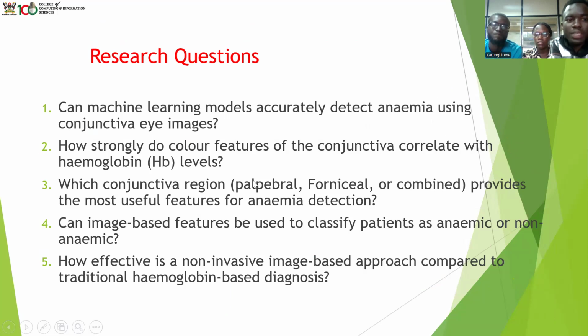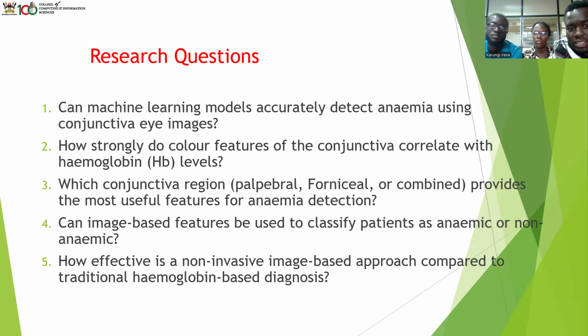Okay, I'm taking you through research questions. That means the questions that we were able to conduct. Can machine learning models accurately detect anemia using conjunctiva eye images? How strongly do color features of the conjunctiva correlate with hemoglobin?